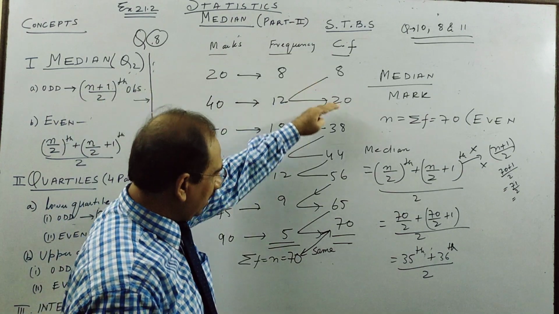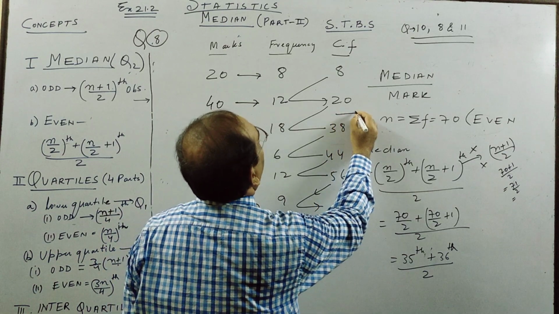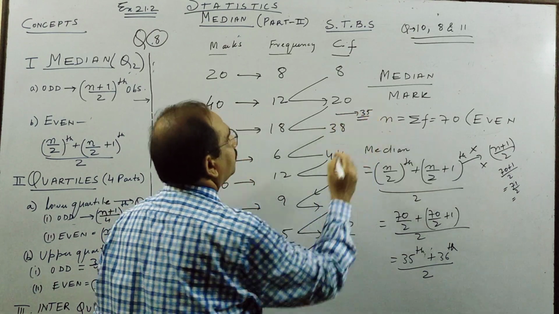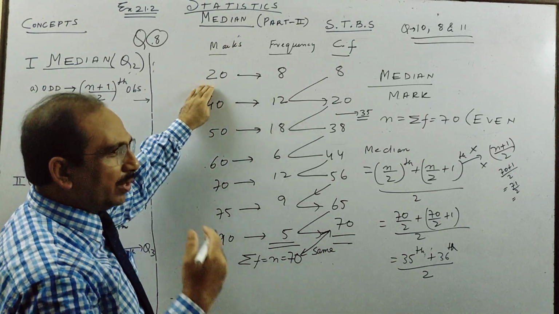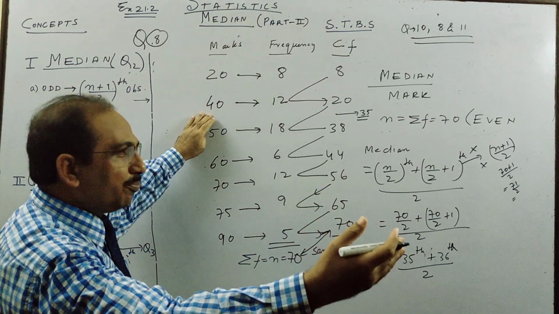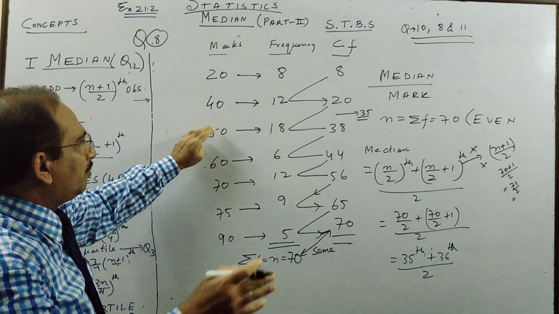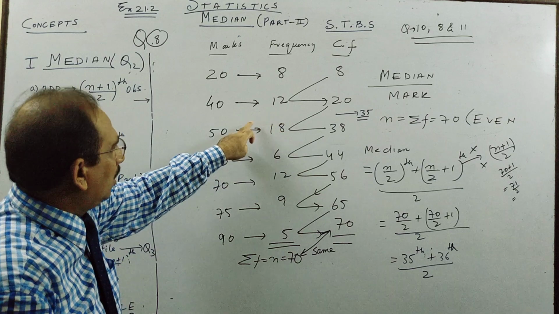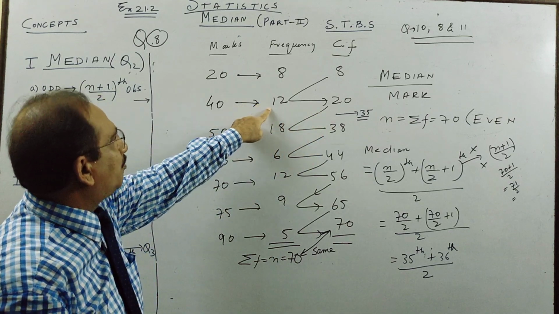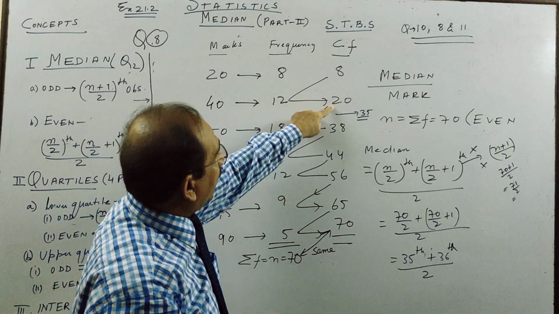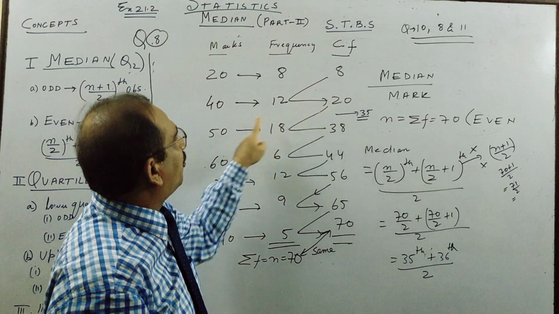So when you see, when there are 70 things, see where 35 will come. 35 will come here. So if you arrange them, suppose 8 people have 20 marks, another 12 people have 40 marks, suppose like that. So when you come to this next, from 21st to 30th, you will see they get 50 marks.